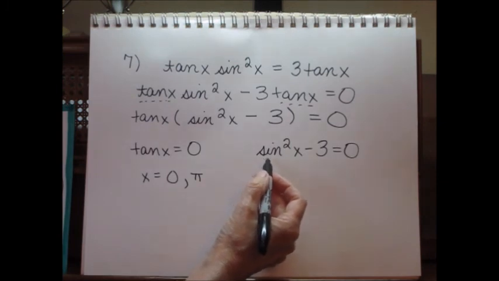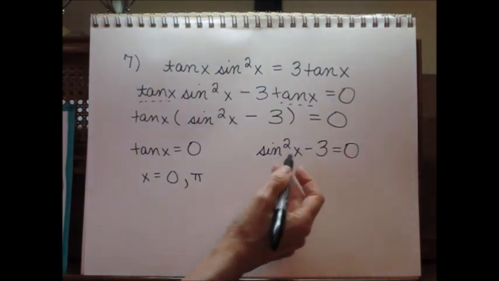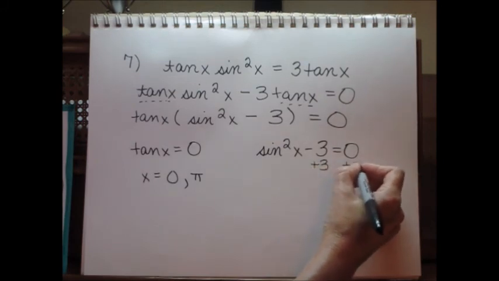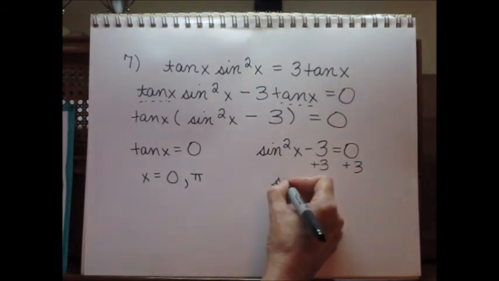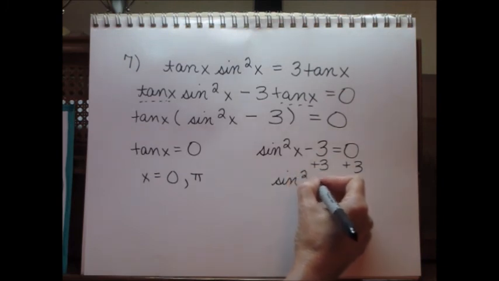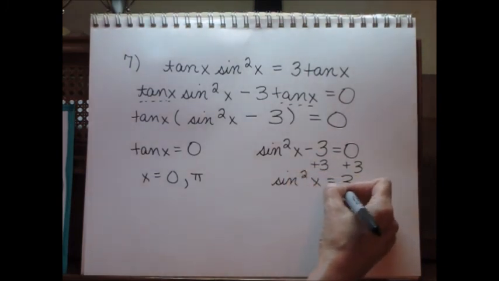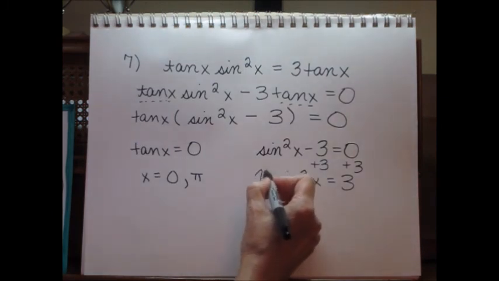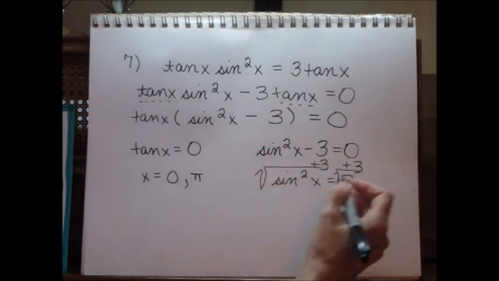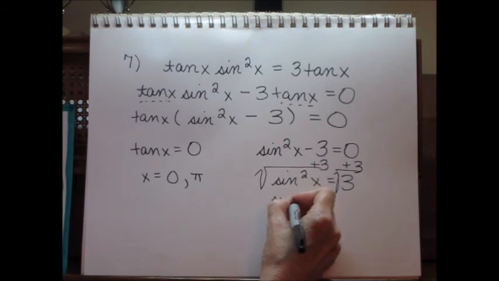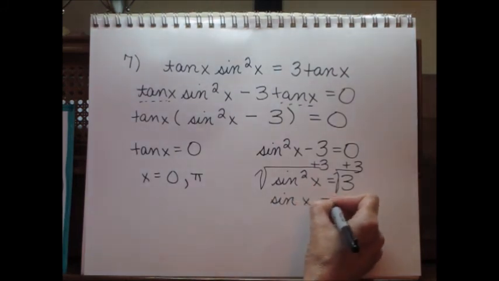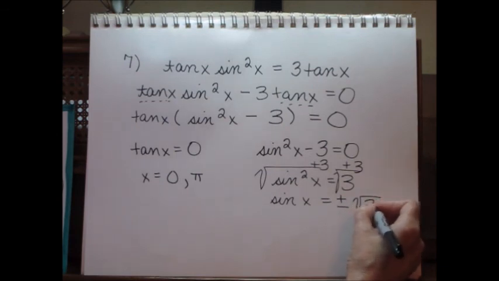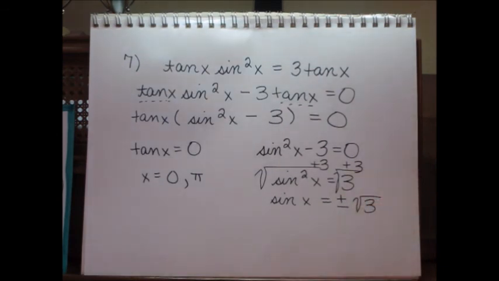So when I solve for sine of x, what I'm going to do is add 3 first to get sine squared of x equals 3. And then I'll take the square root of both sides, positive and negative, to get sine of x equals positive and negative the square root of 3.